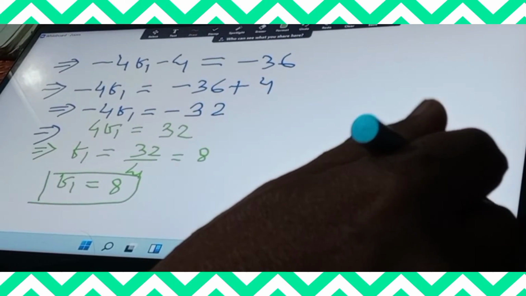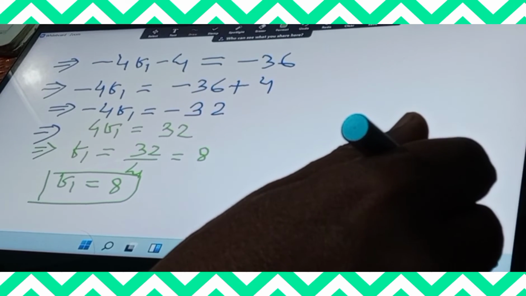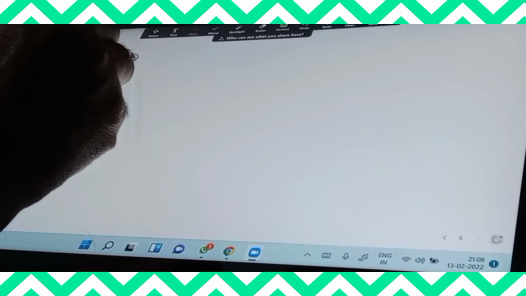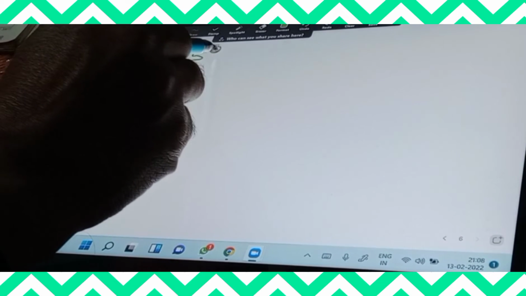Again you see the total frequency is given here. The sum of all the frequencies, summation of fi, is given as 50.